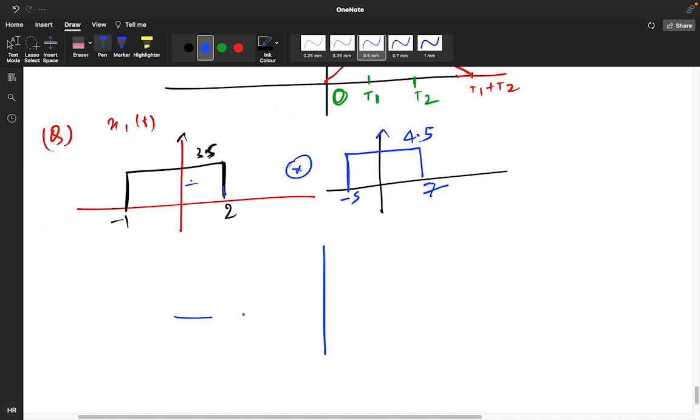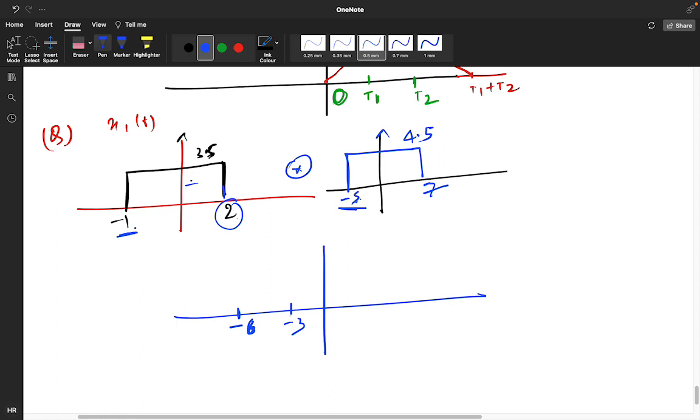So what will you do? This will get added, so minus 6 will come. Then this and this. Minus 6 will come. Then this and this will get added, 2 and minus 5, so minus 3 is coming. Done.